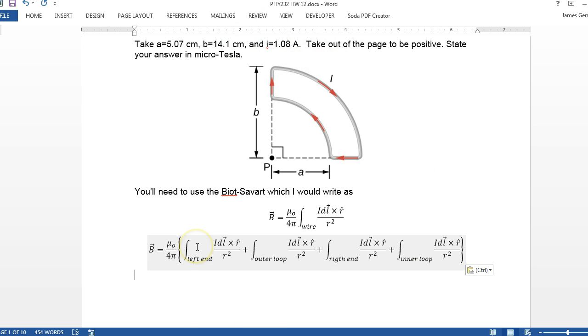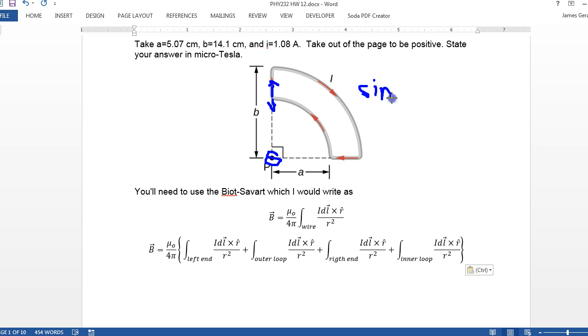Well, how do we then evaluate, among other things, dl cross r hat? Well, dl is a little differential step in the direction of the current, and r hat is a unit vector that points from that little segment back towards point P. So you can see here the angle between dl and r hat on this segment is 180 degrees.